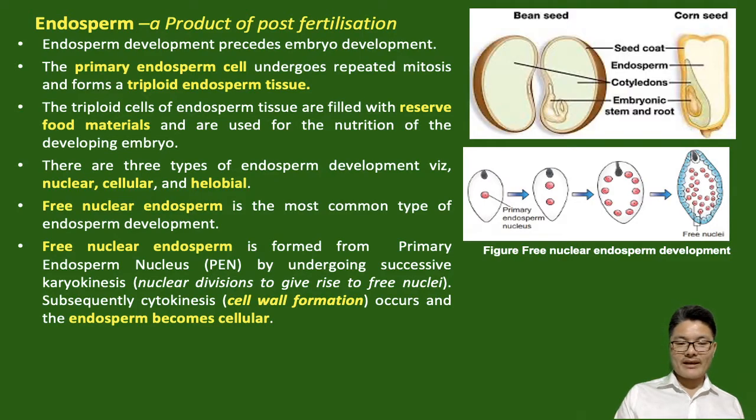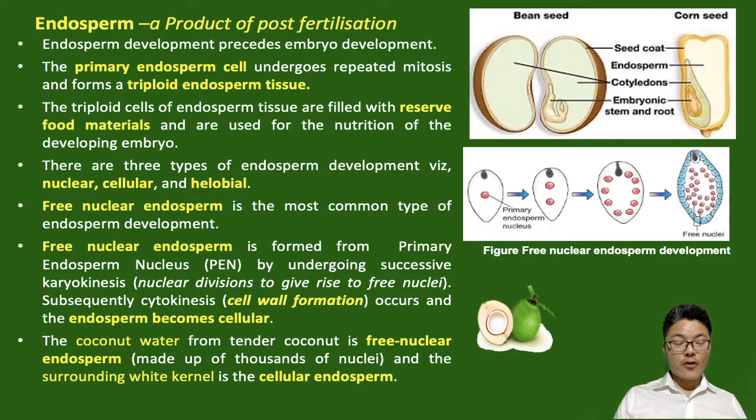The coconut water that we drink from tender coconut is one of the best examples for free nuclear endosperm development. The water that we drink from tender coconut is free nuclear endosperm.